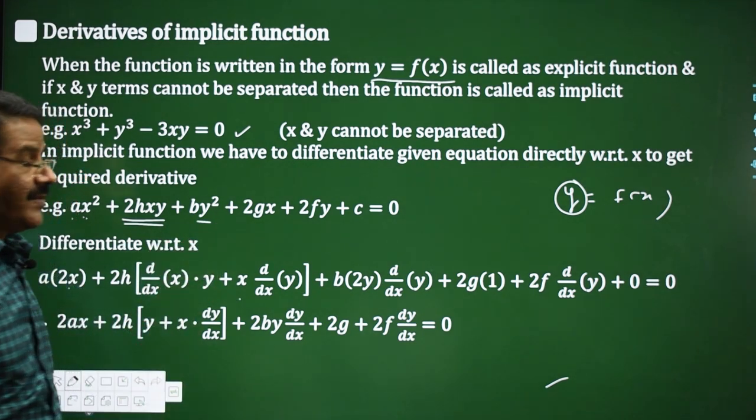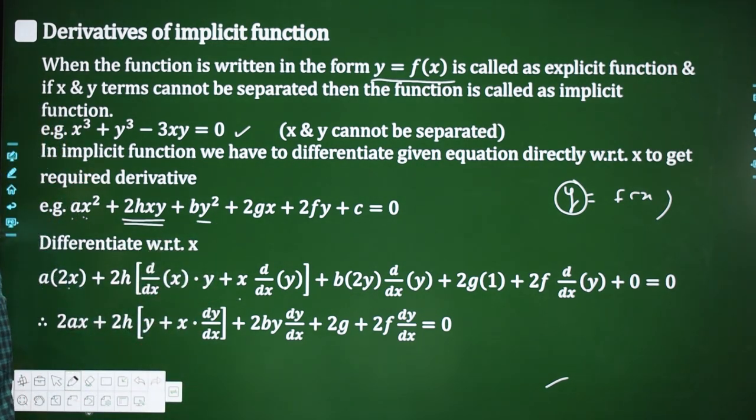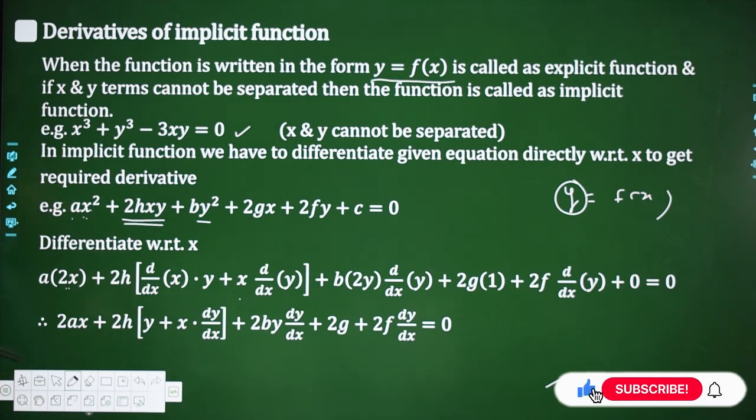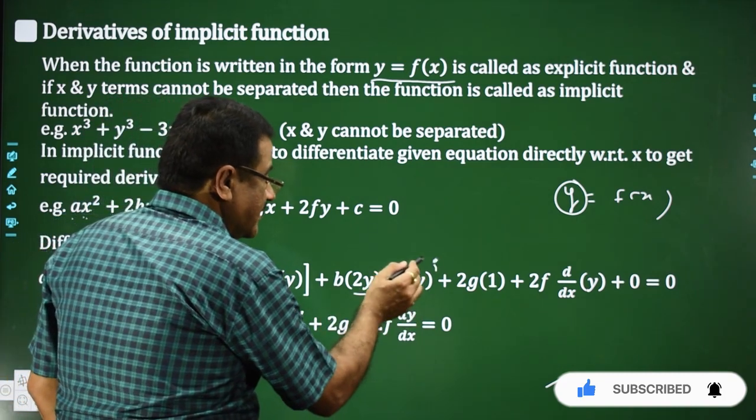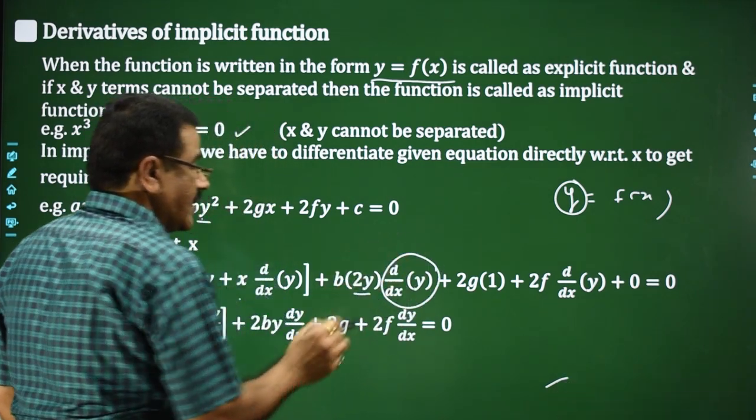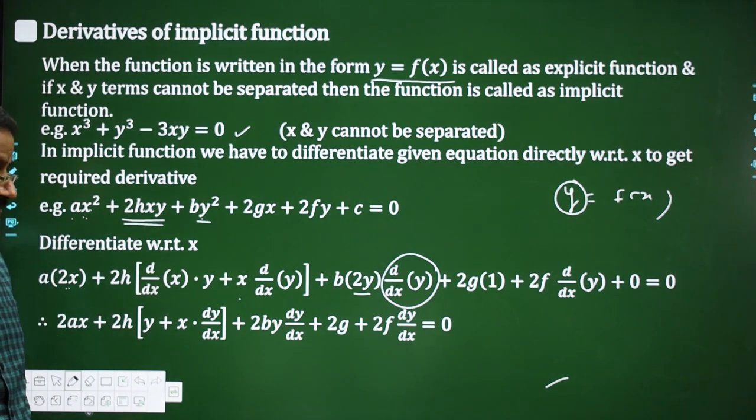Derivative of by square. Now, important, whenever we are taking derivative of ax square, derivative of x square can be written directly as 2x, but since we are differentiating with respect to x, derivative of y square is 2y, and this is important, that we also have to take the derivative of y.